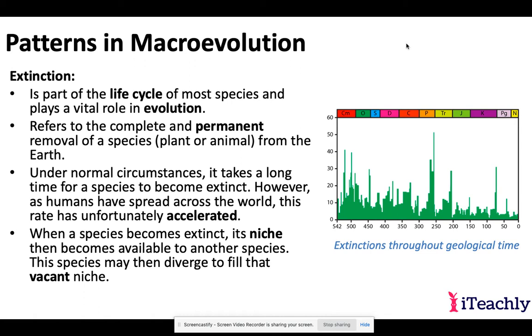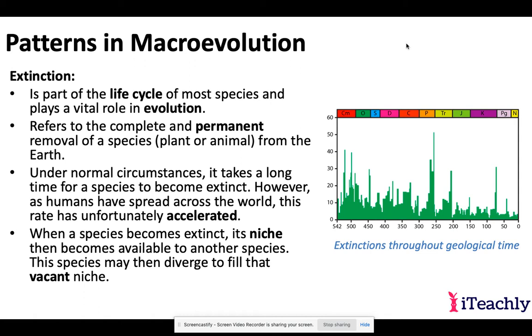So under normal circumstances, it takes a long period of time to go extinct. We are accelerating this rate. Humans are causing a huge acceleration currently in extinction. This is not normal extinction. This is a sudden, rapid event.